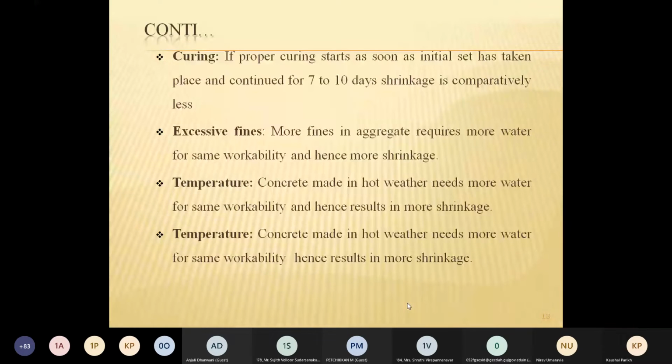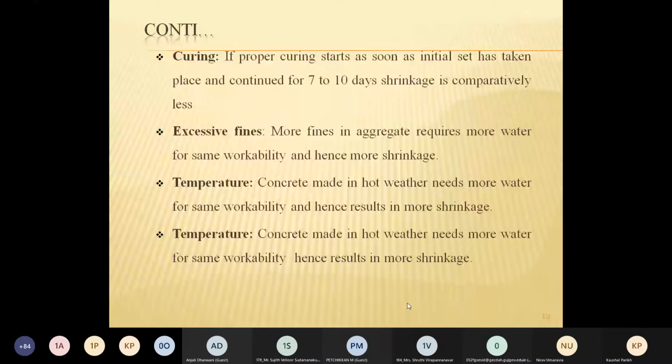If proper curing starts after the initial set has taken place and continues for 7 to 10 days, the shrinkage is comparatively avoidable. Excessive fines: if the concrete has excessive finer particles, the aggregates require more water for the same workability, which leads to more shrinkage.